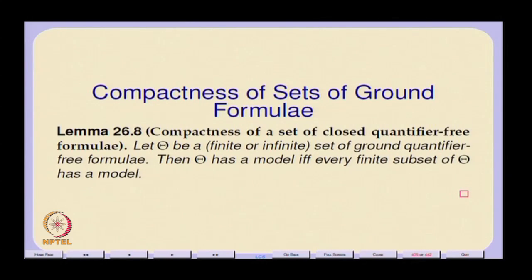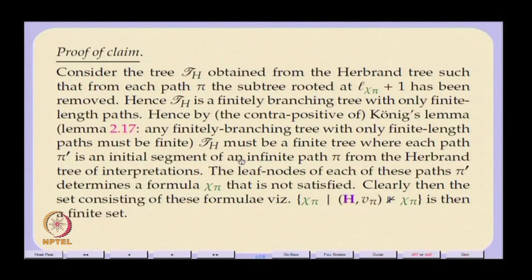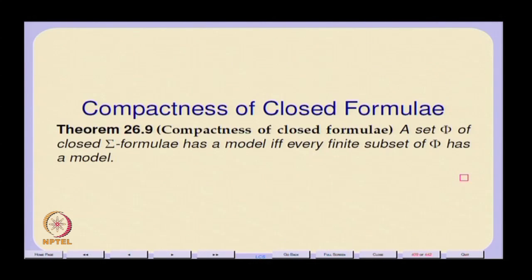Right, and what we showed was the compactness theorem, which notice is only for a set of closed quantifier free formulae here, and later it is only for closed formulae. Compactness of closed formulae. So, we are not really talking about formulae which are open and which have free variables and so forth.